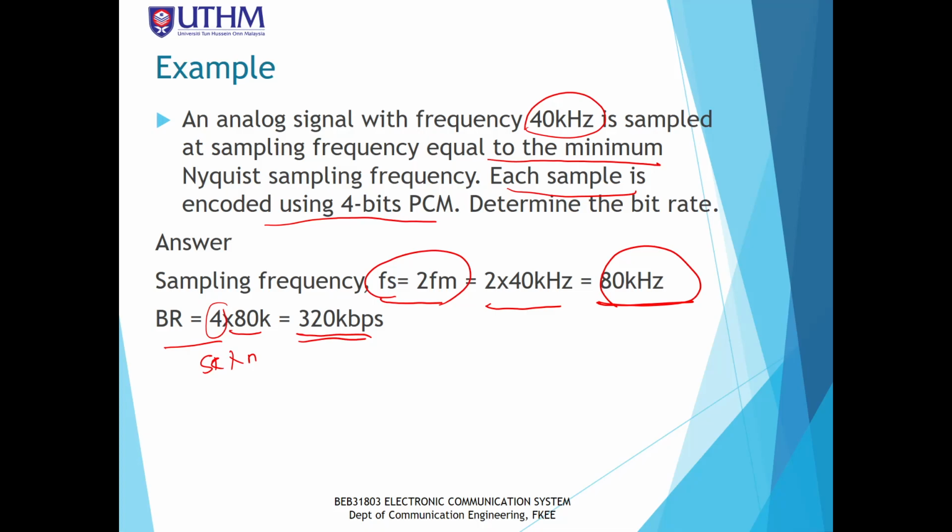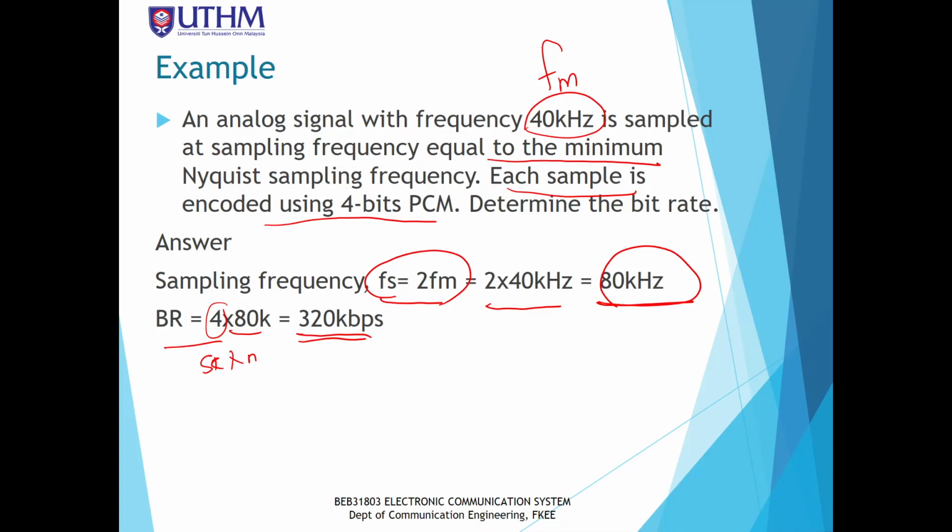And an example for these parameters: an analog signal with frequency 40 kilohertz is sampled at a sampling frequency equal to the minimum Nyquist sampling frequency. So we have the signal frequency, which is the input message frequency, sampled at the minimum Nyquist rate.